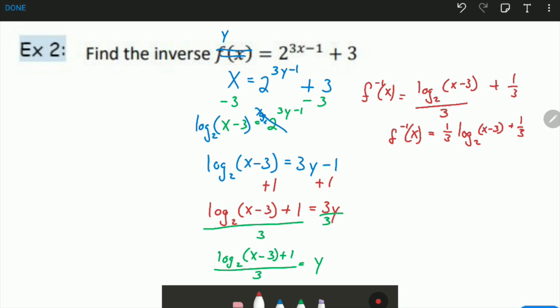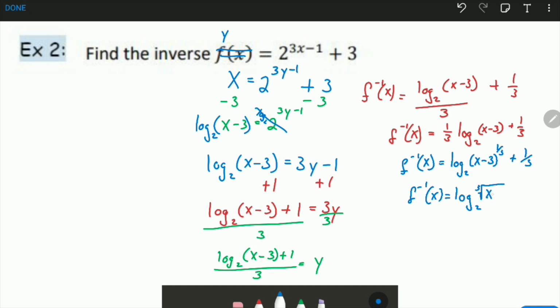And at this point, this may not make sense, but hopefully later it will. You may also see log base 2 of x minus 3 to the 1/3 plus 1/3, or f negative 1 of x equals log base 2 of the cube root of x minus 3, plus 1/3.